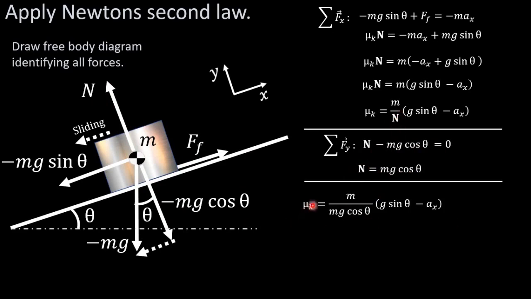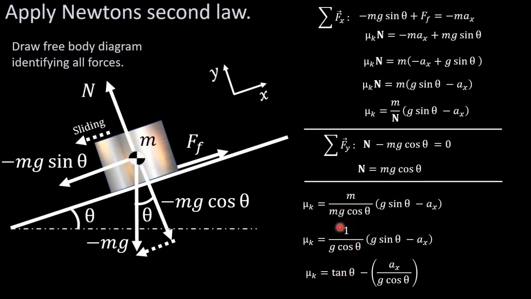So that is for the coefficient of kinetic friction. These two masses cancel out to leave behind this. If I expand this, I do 1 over g times cos theta times g times sine theta. The g's cancel out and we can write sine theta over cos theta as tan theta. Then if I multiply this by ax, I get this term here. If you remember, we said that the coefficient of static friction equals tan theta.